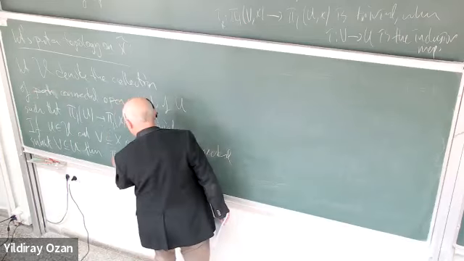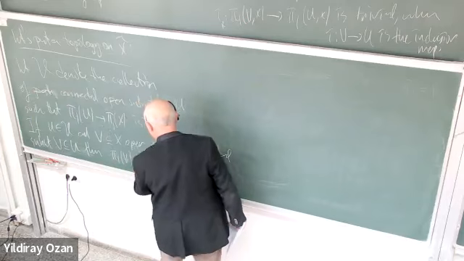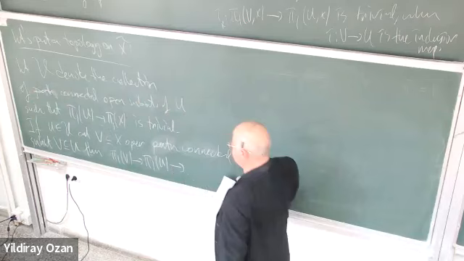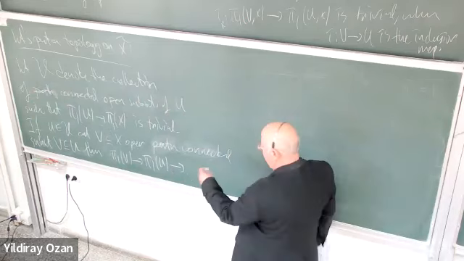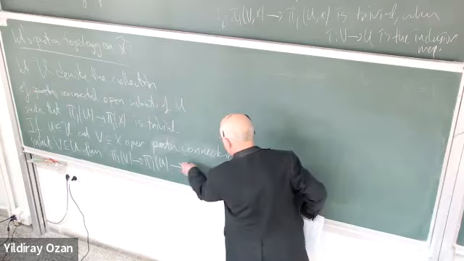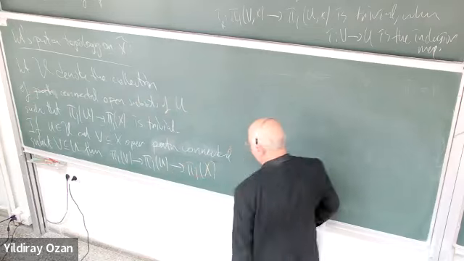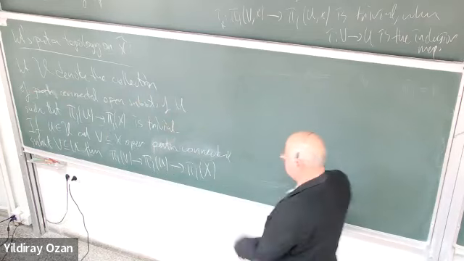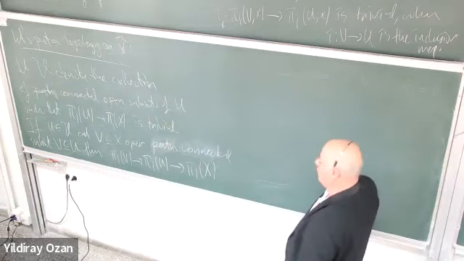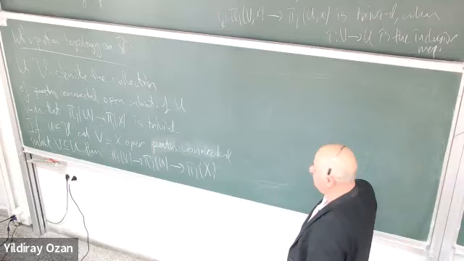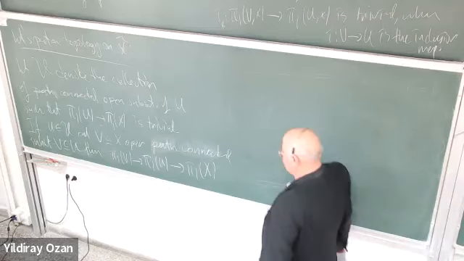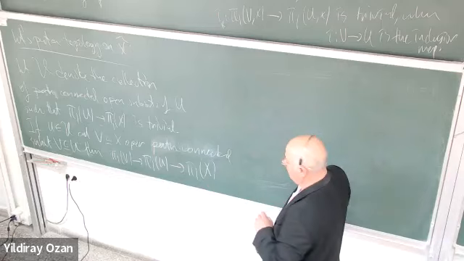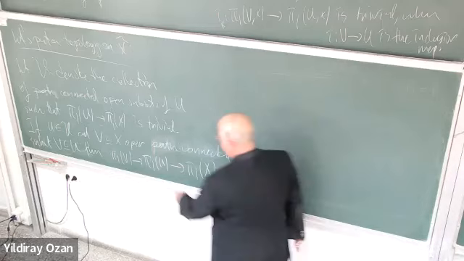The map from pi 1 V into pi 1 U, right? Because the inclusion map of V just goes through the inclusion map of U, we have this composition. And since this map is trivial, right? Trivial homomorphism, this map is trivial.